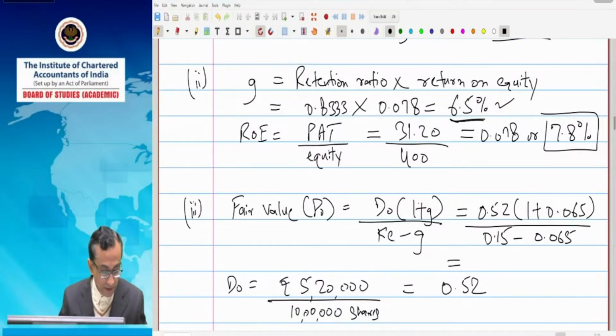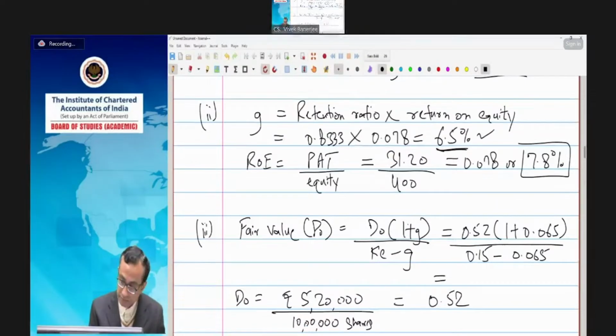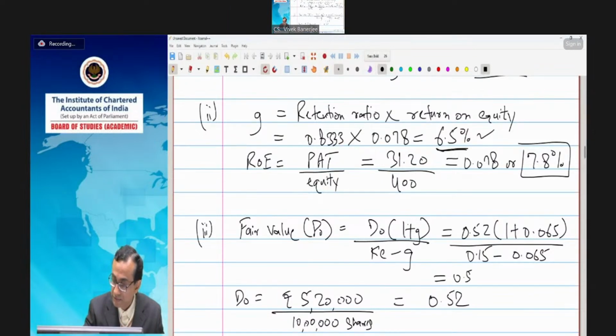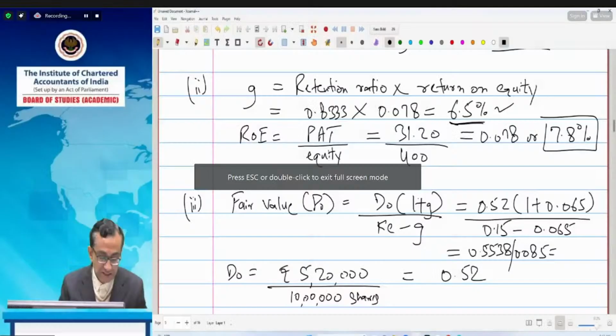So let us calculate it. 0.52 multiplied by 1.065 gives 0.5538. 0.5538 divided by 0.15 minus 0.065. Just solve the denominator: 0.15 minus 0.065 is 0.085.